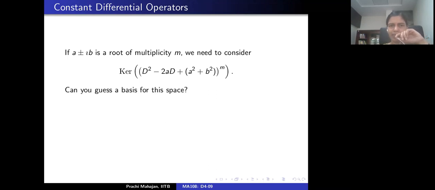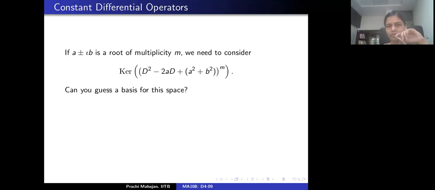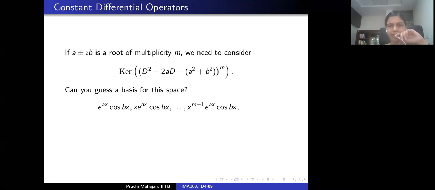We should look at the basis of the solution space for this operator. And what is that going to be? That's going to be exponential ax cosine bx, x times exponential ax cosine bx, all the way till x to the power m minus 1 exponential ax cosine bx. And likewise, there will be terms of the form exponential ax sine bx.